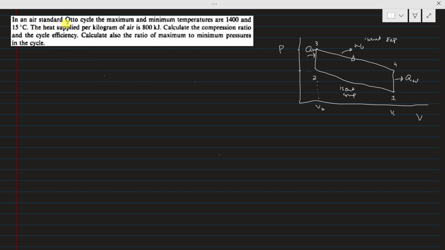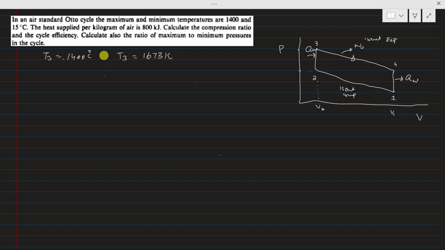In an air standard Otto cycle, the maximum and minimum temperatures are 1400 and 15 centigrade. As I earlier discussed, the maximum temperature is T3, that is 1400 centigrade. If you convert that into Kelvin, just add 273, and it becomes 1673 Kelvin.